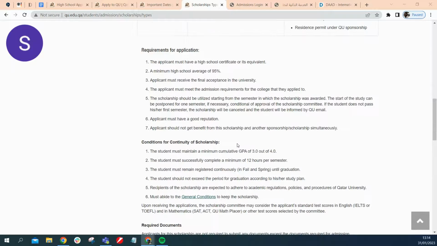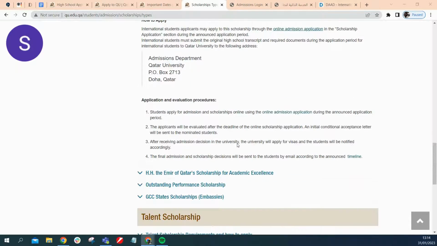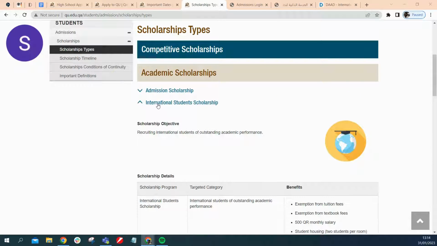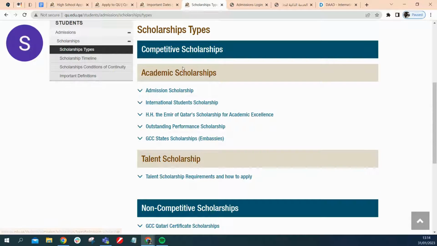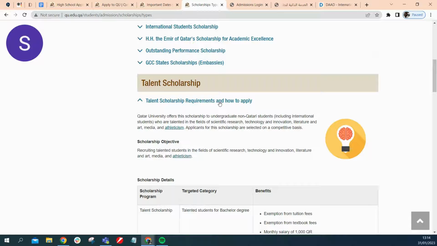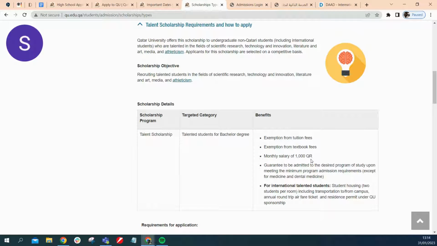So having gone through this, we have basically covered what we need to talk about in terms of scholarship. The rest are interesting: competitive scholarship, talent scholarship. So if you feel you have a wonderful talent, by all means, please check out the talent scholarship to see the benefits, which are also juicy.